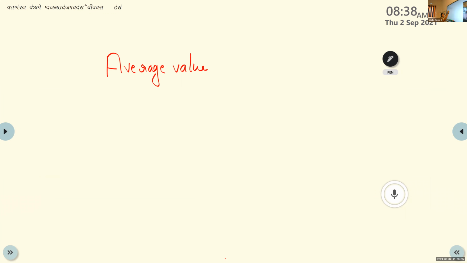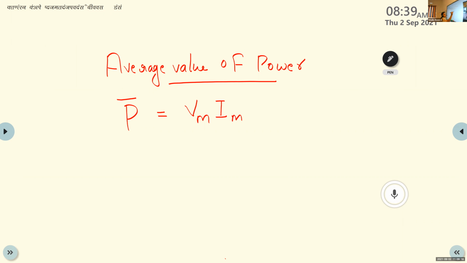The instantaneous value of power is given by P instantaneous is equal to Vm Im into sine square omega t. The average value of power is represented by P bar, with a bar over the letter P. P bar is equal to Vm Im into the average of sine square omega t.